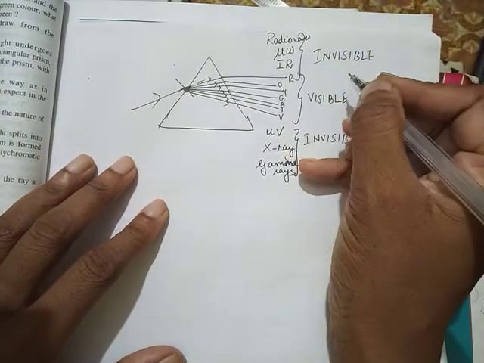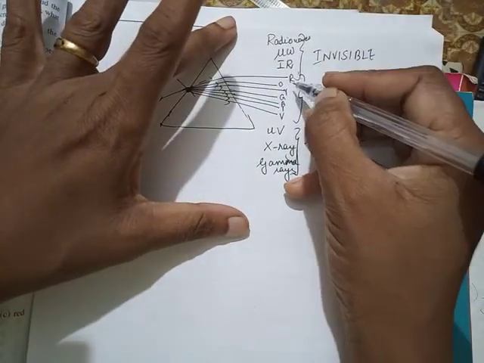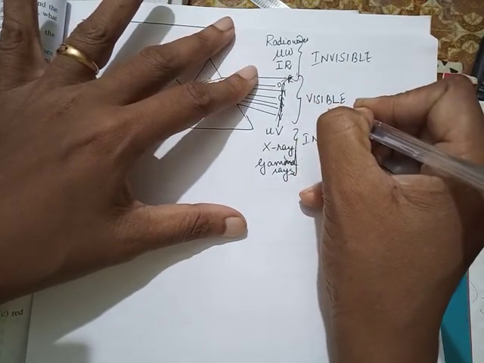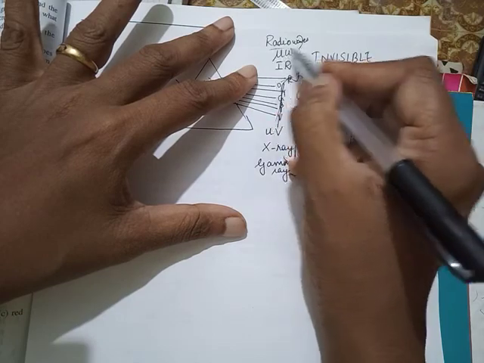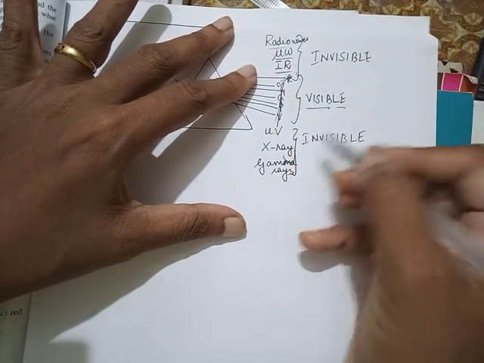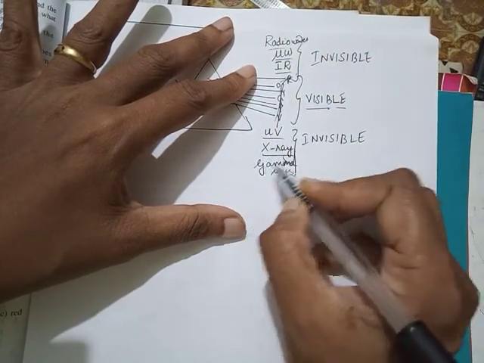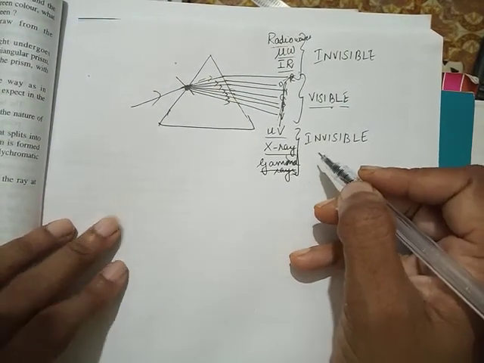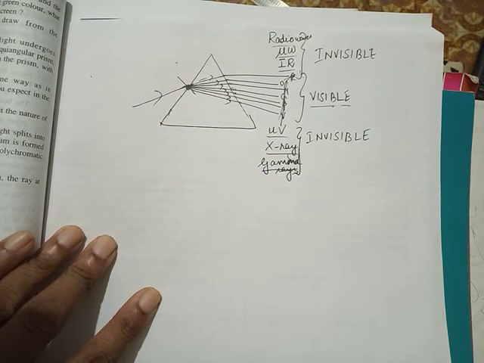Hereafter, when we talk about the whole spectrum, we will not write all the colors, we'll just call it visible spectrum. So radio wave, microwave, infrared, visible, then UV, X-ray, gamma. Now the order is very important.